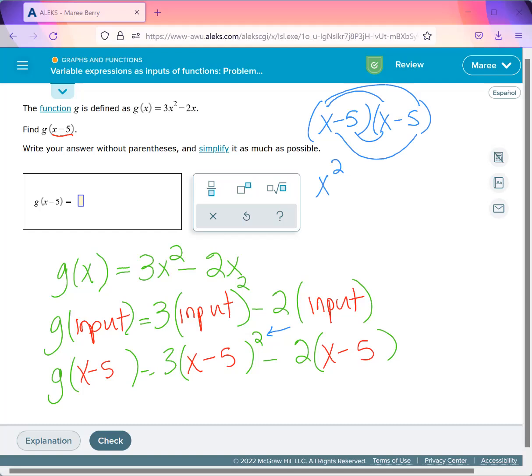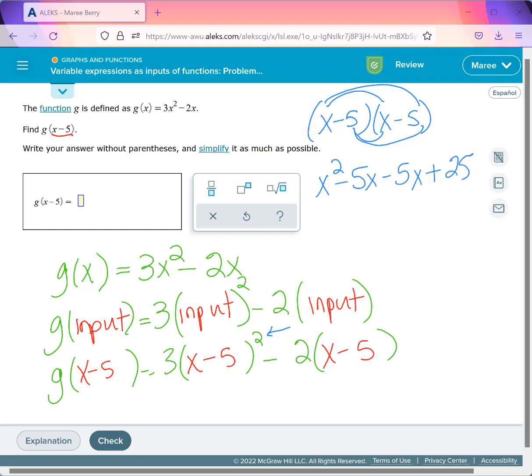Negative 5 times x is negative 5x. Inner is again negative 5 times x, so it's another negative 5x. And the last is negative 5 times negative 5, which is 25.